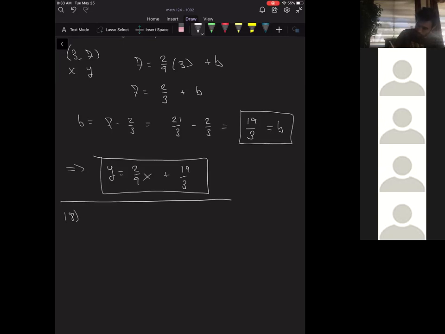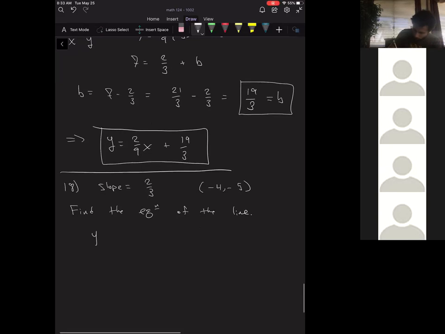So 18 tells us that our slope is equal to 2/3, and the point is going to be -4, -5. All right, so let's do the same thing. We want to find the equation of the line. Okay, so what do we want? We want y is equal to mx plus b.